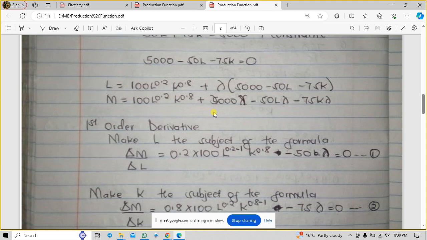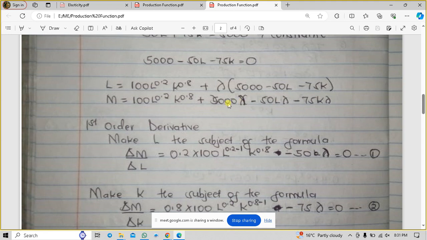And then from there, we say minus 50 mu. We ignore the 5000 mu, and because you're only differentiating L, we say minus 50 mu, so you ignore the L as well.